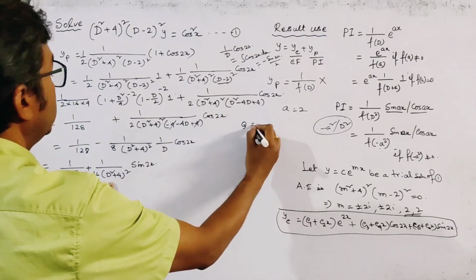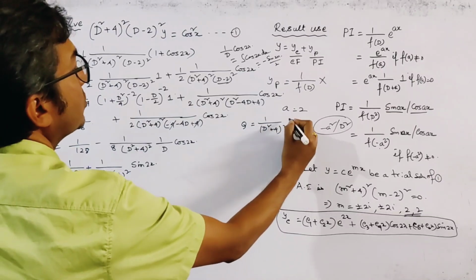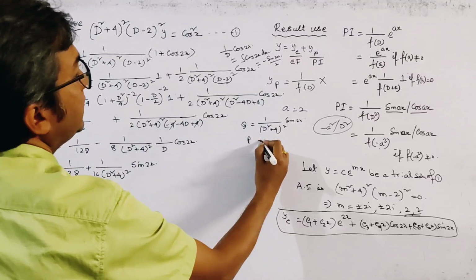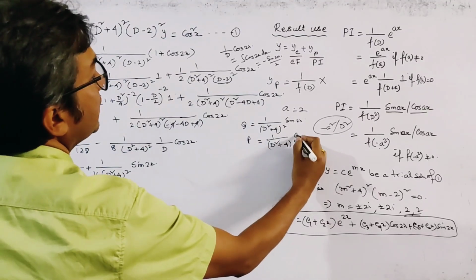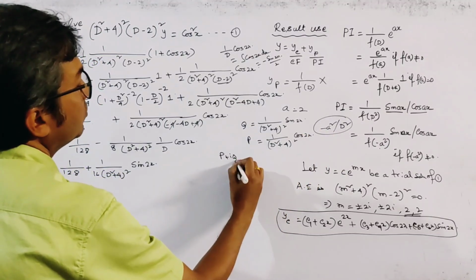let this be u, this is 1 by d square plus 4 whole square into sin 2x, and let p be equal to 1 by d square plus 4 whole square cos 2x. So we get p plus iq.